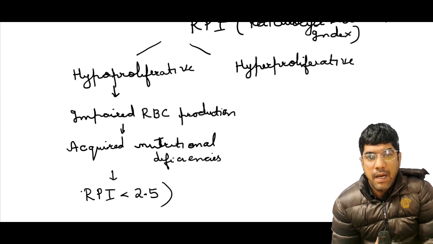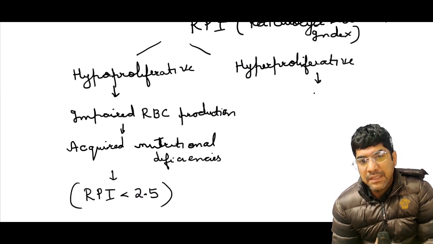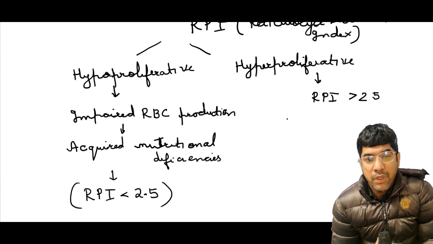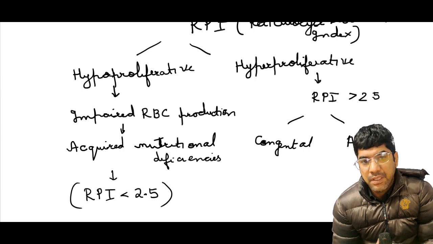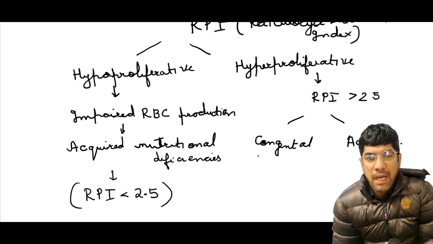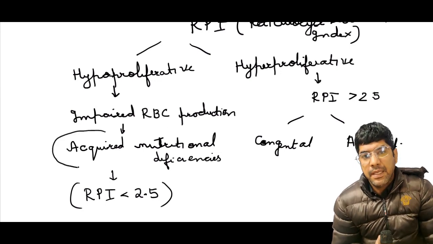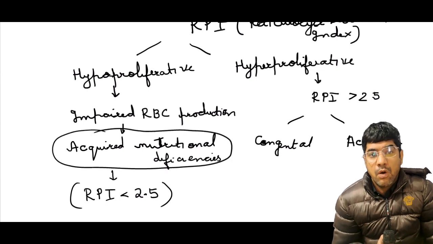On the other hand, the hyperproliferative type, an example is hemolytic anemia, where there would be increased destruction of the red blood cells. This anemia can be congenital, meaning present from birth due to issues in the red blood cell membrane, enzymes, or globin chain.